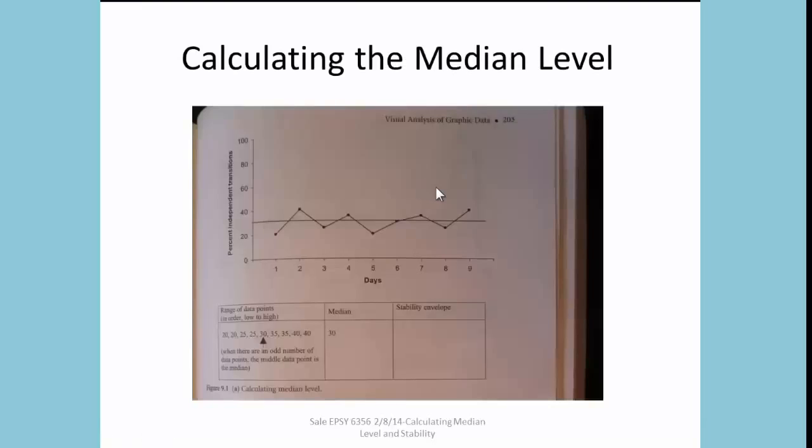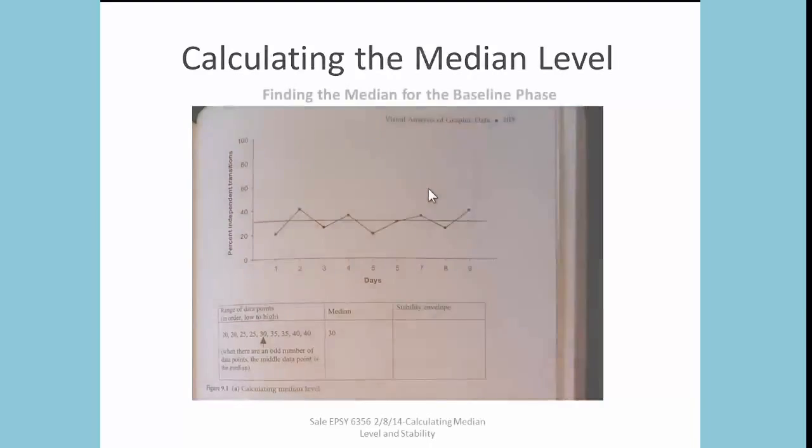Again, you can go to your Gass book and see that the first thing we have to do is calculate a median level. It explains how to do that. Here it has the line drawn.